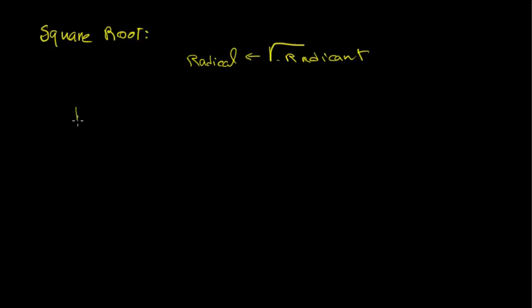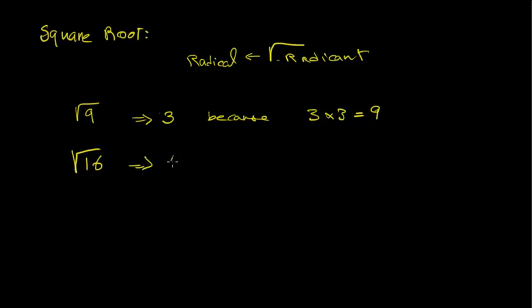Let's say we have radical 9. The square root of 9 is 3, because 3 times 3 equals 9, right? So the square root of 9 is 3. The square root of 16 is 4, because 4 times 4 is 16.